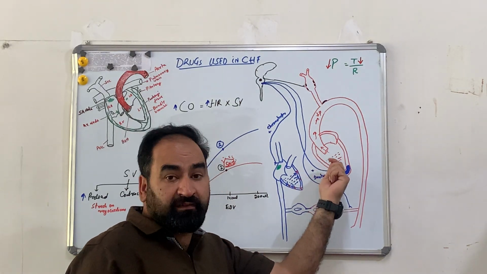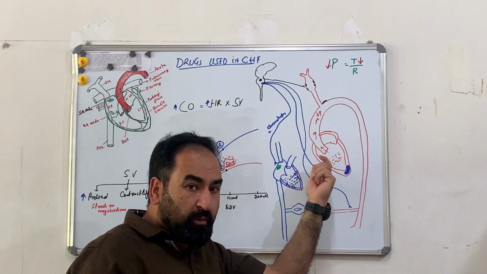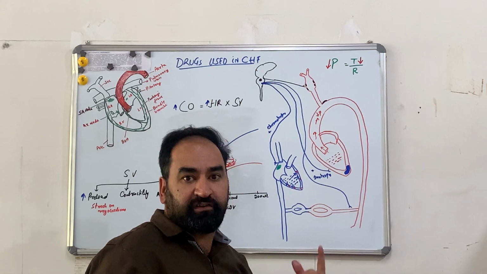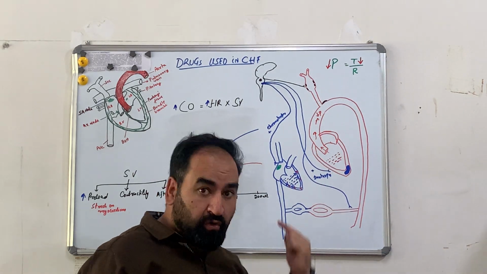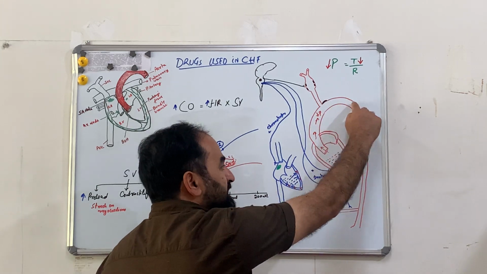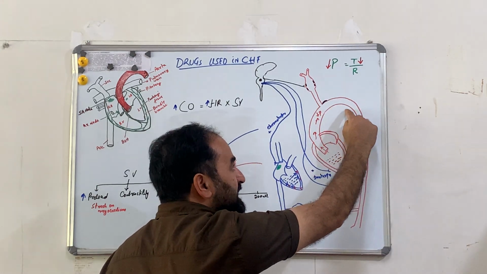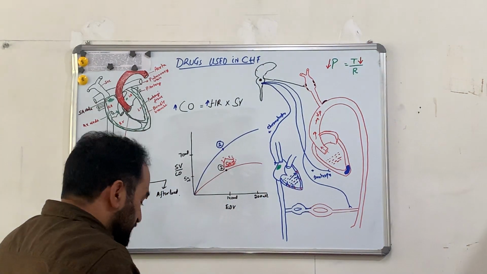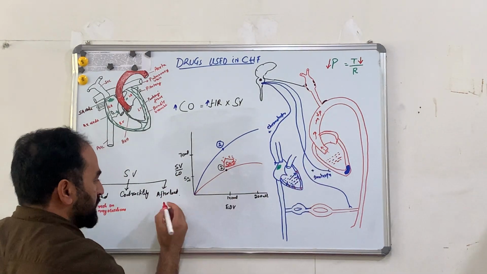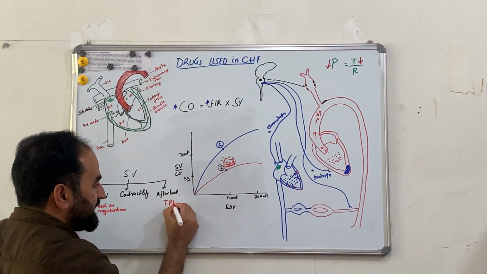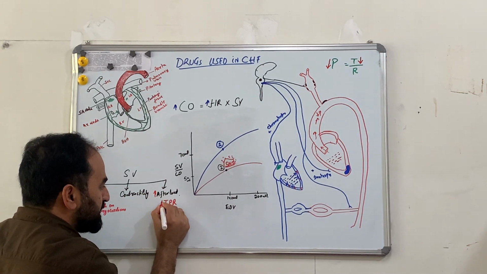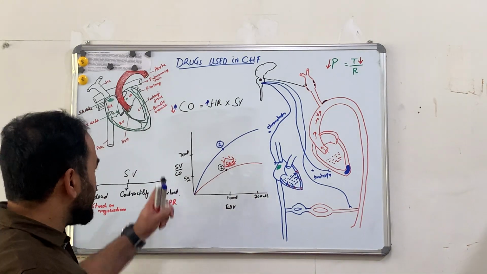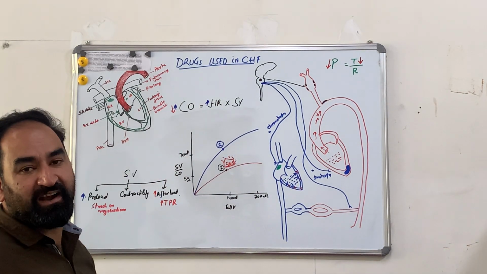Your heart is producing low tension, low pressure, so if you increase the resistance, you are increasing the effort of your heart to act against more peripheral resistance. The increase in total peripheral resistance increases the load on the heart, in other words, the afterload. Whenever you increase your total peripheral resistance, you are decreasing your cardiac output.